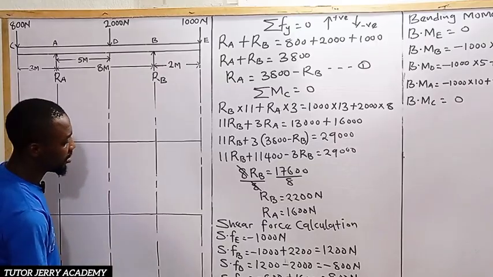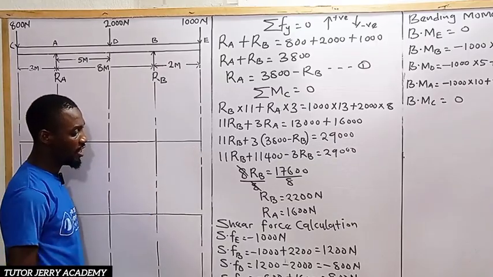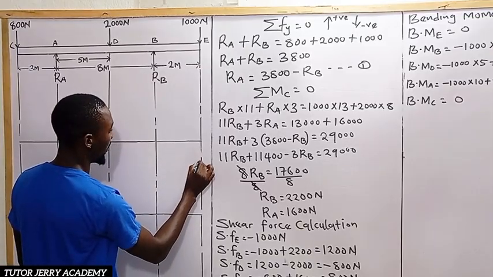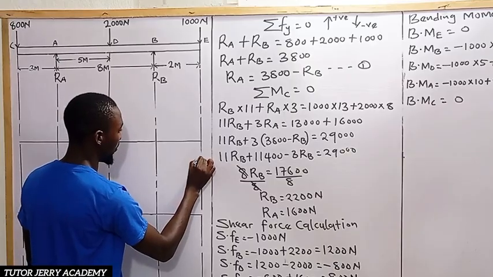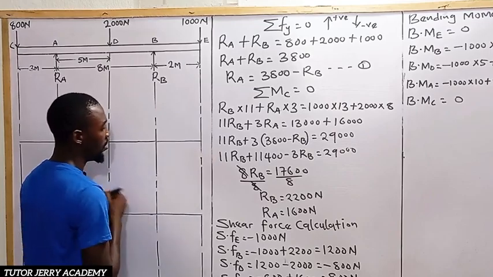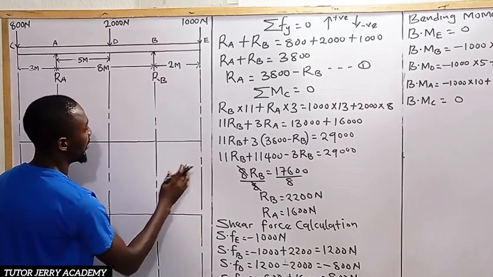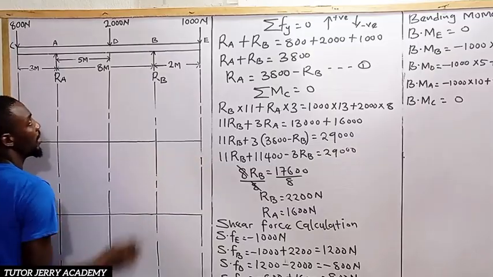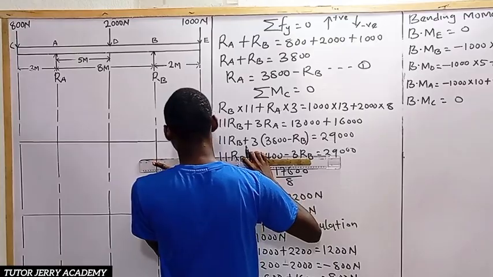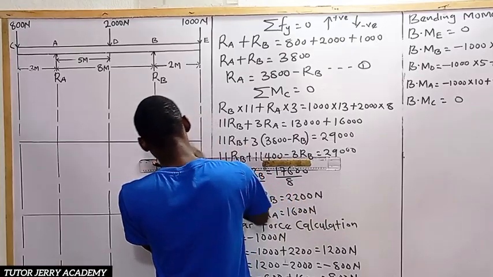All right, so the shear force at point E is negative 1000. So let's put our point here to be negative 1000. Between E and B we don't have any other force, so we are going to be drawing a constant line here.